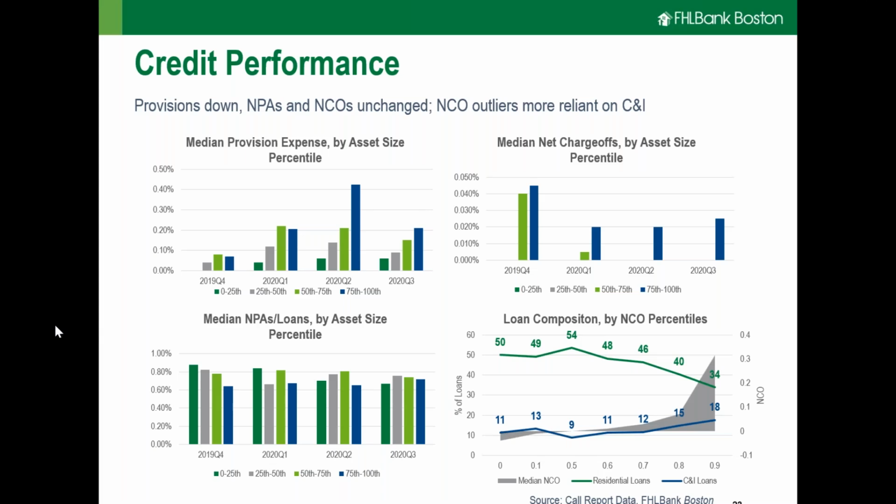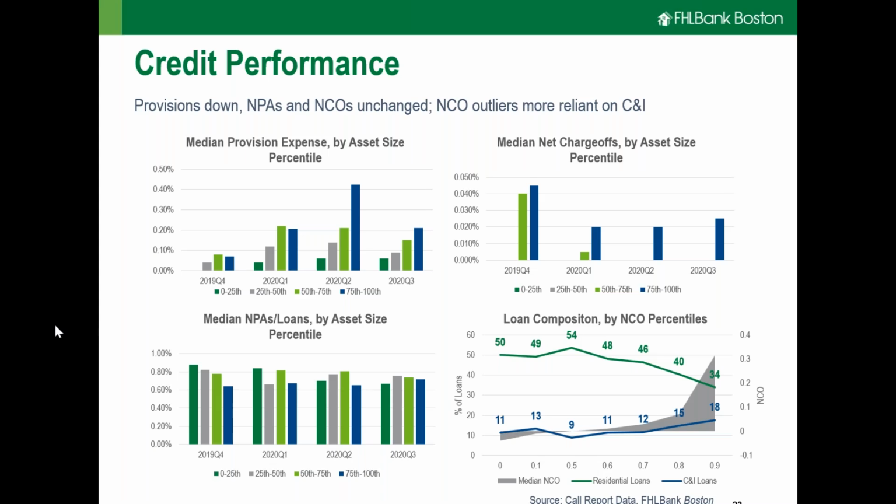So in the bottom right, this is interesting in that, even though across the board charge-offs really weren't elevated, we did want to break it down a little bit further and look at where charge-offs were occurring and see if there were any differences in loan composition to suss out where some of those isolated incidences may be occurring.